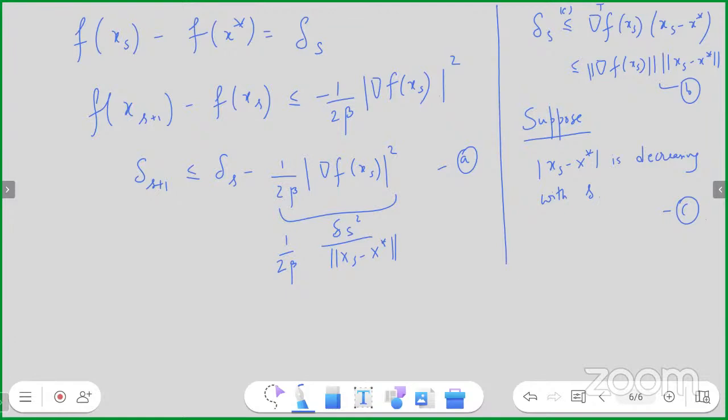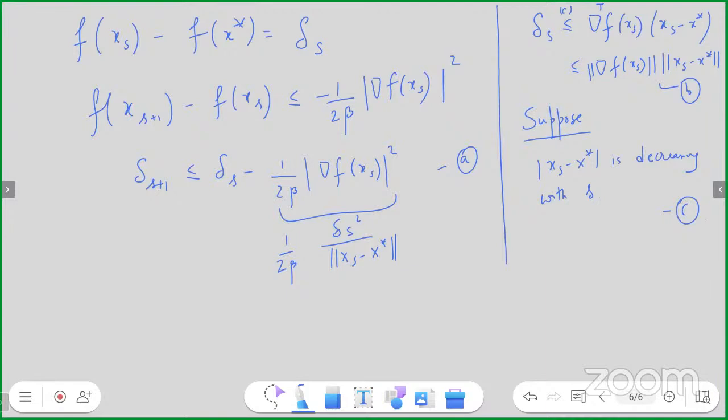Just apply C. What does C say? It's decreasing. So what can I replace this with? Remember, what proof do I want to show? That compared to where I start, I can essentially replace this with x1 minus x star, because this quantity is only smaller than that.